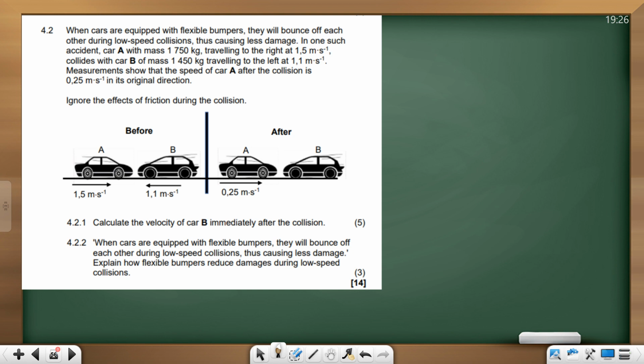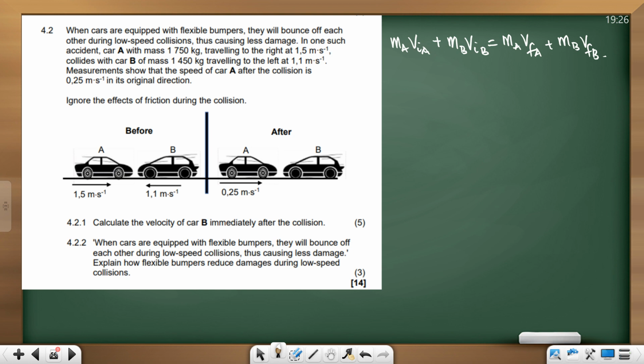Guys, 3 marks here. What are we going to say? MaViA plus MbViB equals to what? MaVfA plus what? MbVfB. Is that making sense to you all?